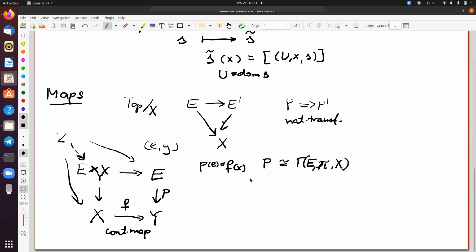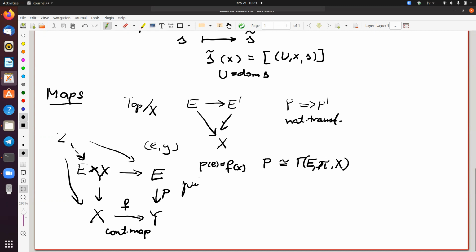Now, if you work with étale spaces, then the topological pullback of étale spaces is again étale.